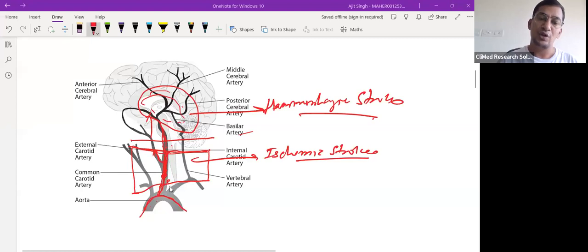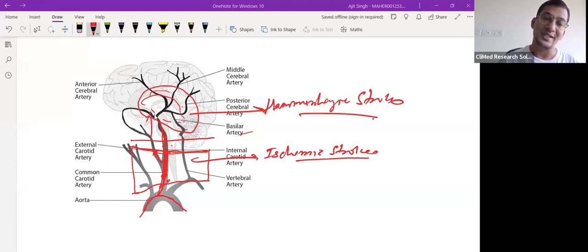So when I'm talking about the carotid part, this is the common carotid artery, and to the frontal part of the brain there is this artery, which is usually the anterior cerebral artery, not this one. This is going to the left shoulder and right shoulder.